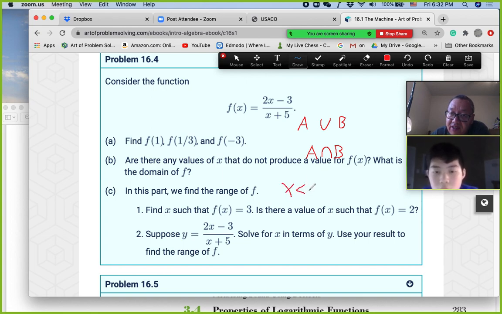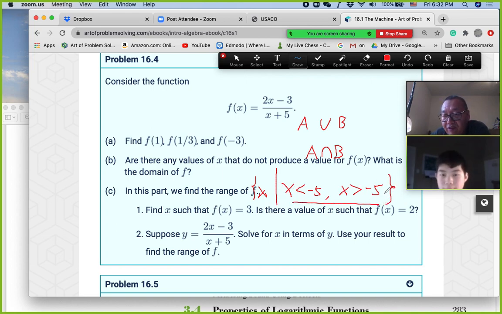You write x less than negative 5, then x greater than negative 5. So here, people maybe ask, what is the relationship of these two? If this one is "and", then this one cannot, they have no intersection point. But if this or this one satisfies, then that means union.